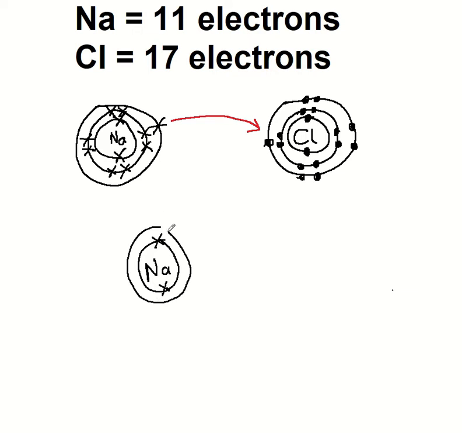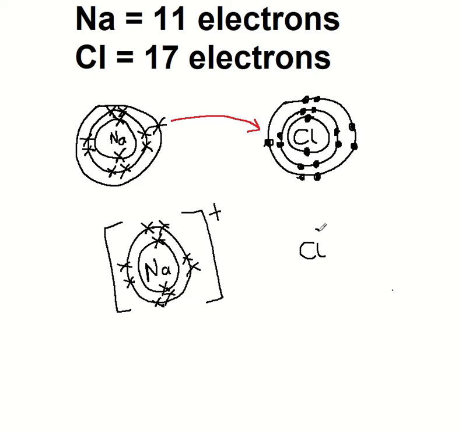We still have our second shell, which has got the 8 on it. So let's just draw those in very quickly. But that outer shell electron has gone, so we don't do the outer shell. And then we put square brackets around it. And because we've lost an electron, that means there's one more proton in the nucleus than there are electrons now, so we give it a positive charge.